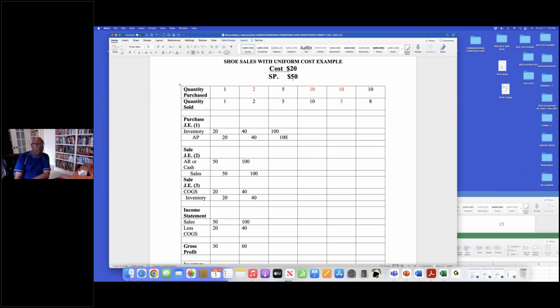And then the cost of goods sold would be 100. So we debit cost of goods sold 100, credit inventory 100.